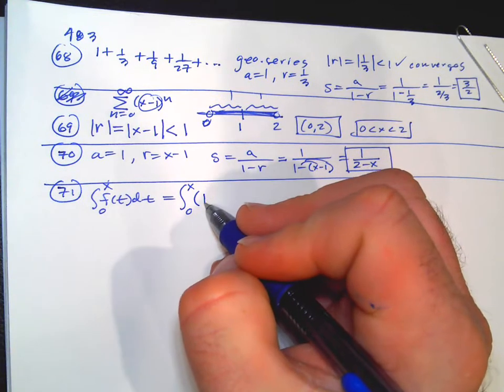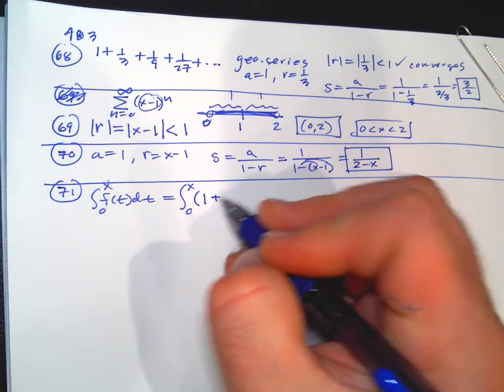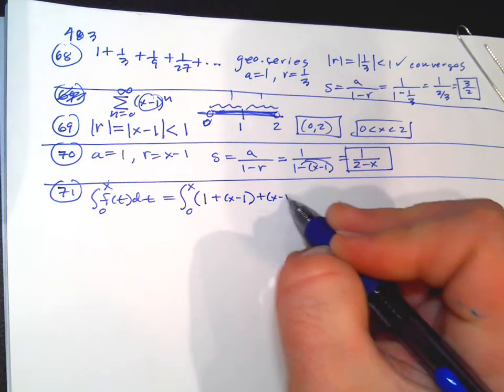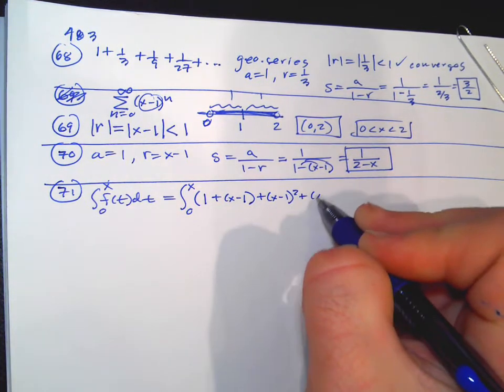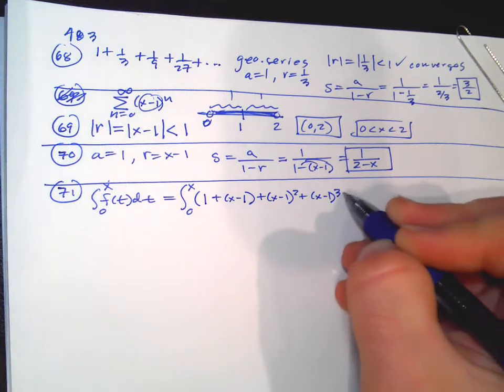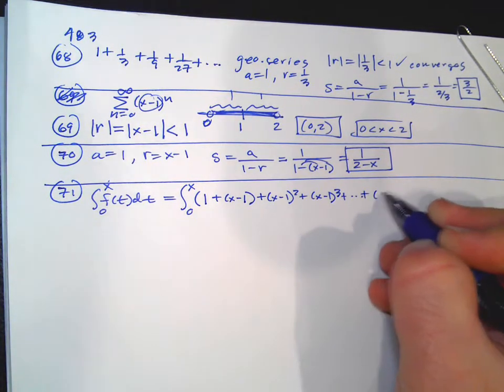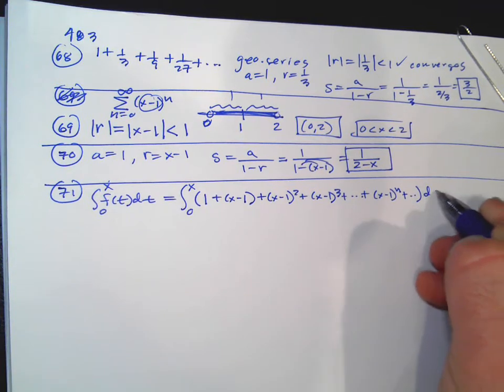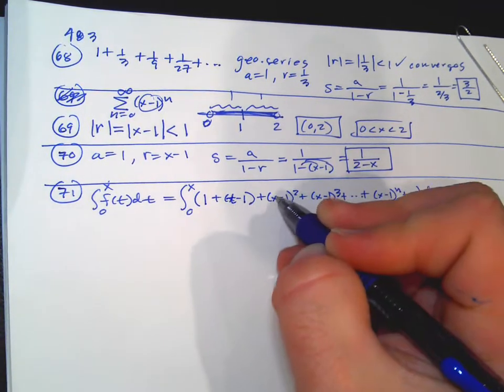First term is 1, then plus x minus 1, plus x minus 1 squared, plus x minus 1 cubed, plus dot, dot, dot. Technically, you're supposed to put t's in here.